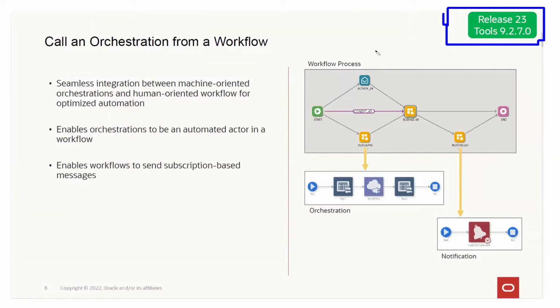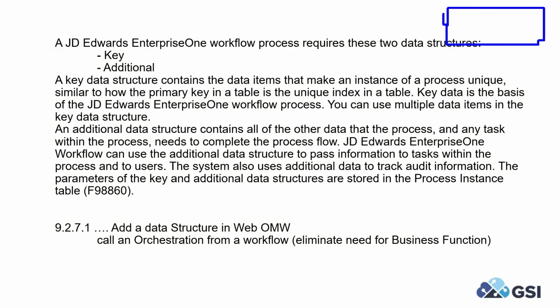But now with release 23, tools 9.2.7.0 or 9.2.7.1, whatever they call it when they release it, you will be able to call an orchestration from the workflow, effectively eliminating the need for the business function, because an orchestrator can read files, update data, and do things like that, especially with the logic extension. And then in the 9.2.7.0, 9.2.7.1 release they're going to allow the capability to add your data structure using the WebOMW, the P98220U application, right?